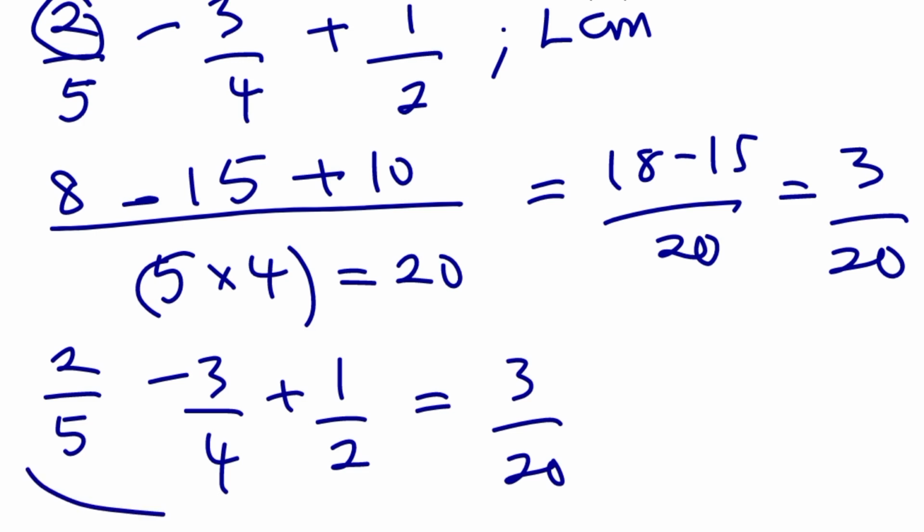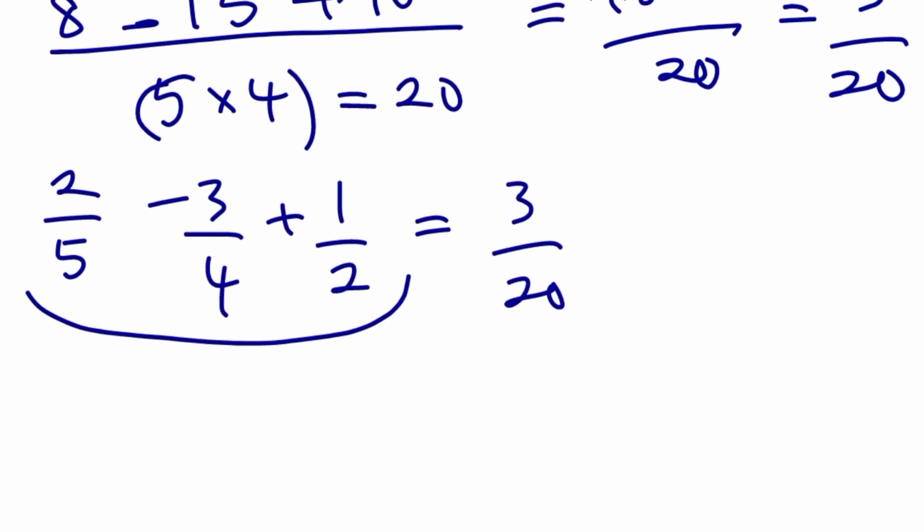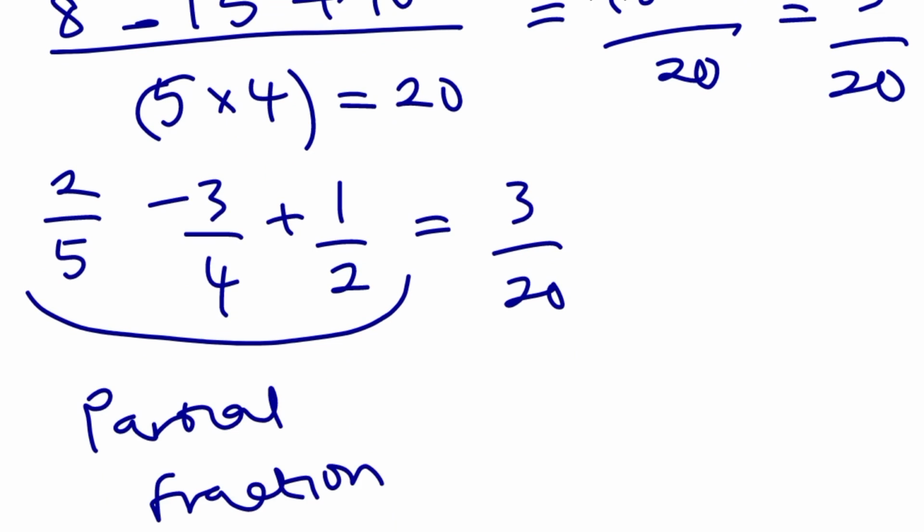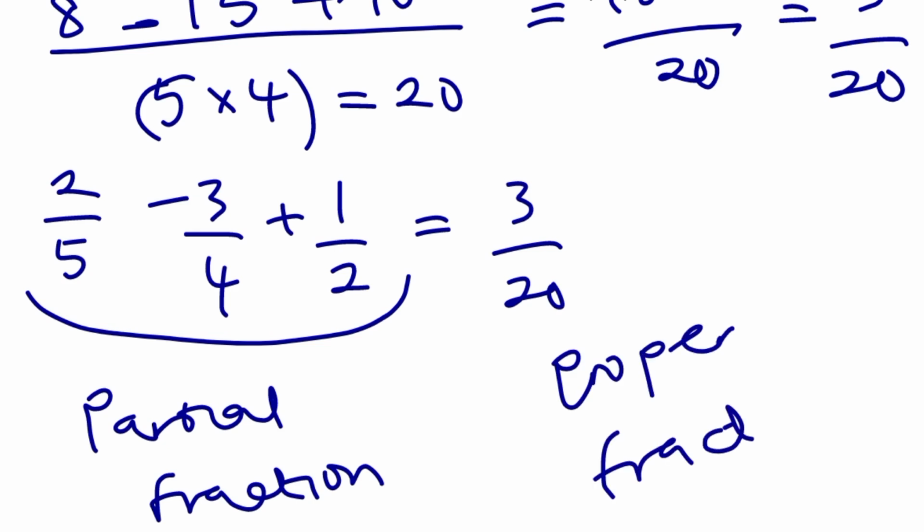This is a partial fraction. Well, 3 over 20 is like a proper fraction, I should say. I call it a proper fraction because it is a simplified version of what is on the left hand side.